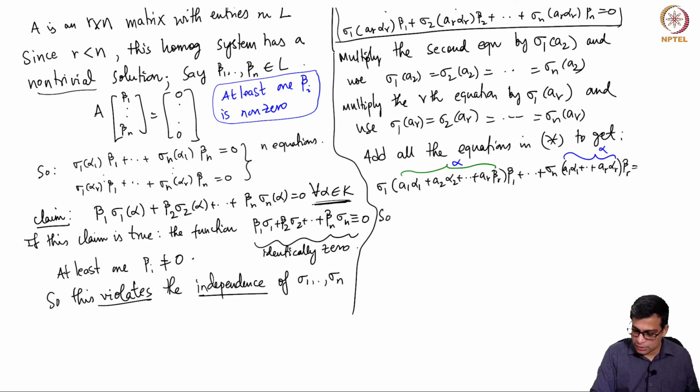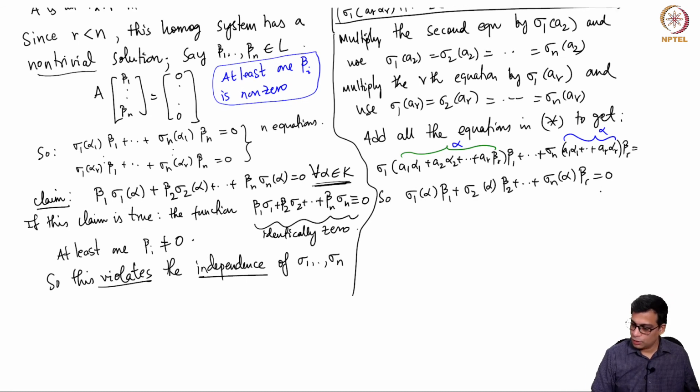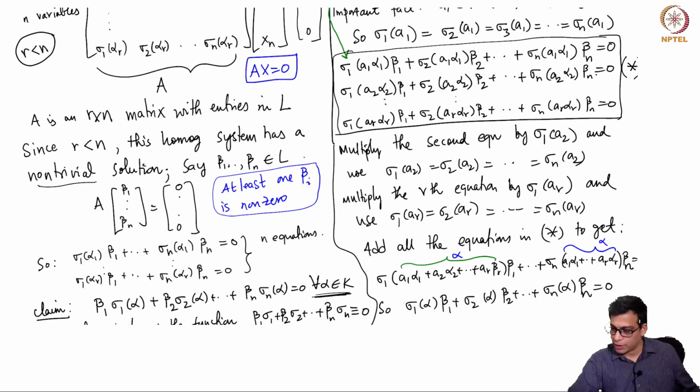So that means what we get is sigma 1 alpha beta 1, sigma 2 alpha beta 2, up to sigma n alpha beta n is 0. Again I was messing up the indices, it will be beta n at the end, because I have all the way up to beta n.